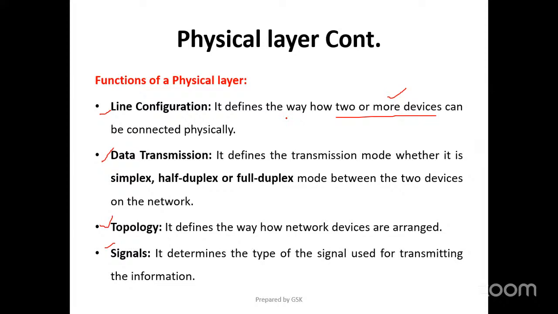Half duplex is bidirectional, but at a time the data can be transmitted in only a single direction. The third category is full duplex. It is a bidirectional method, and simultaneously, at the same time, we can transmit the data in both directions. So data transmission is also a responsibility of the physical layer.